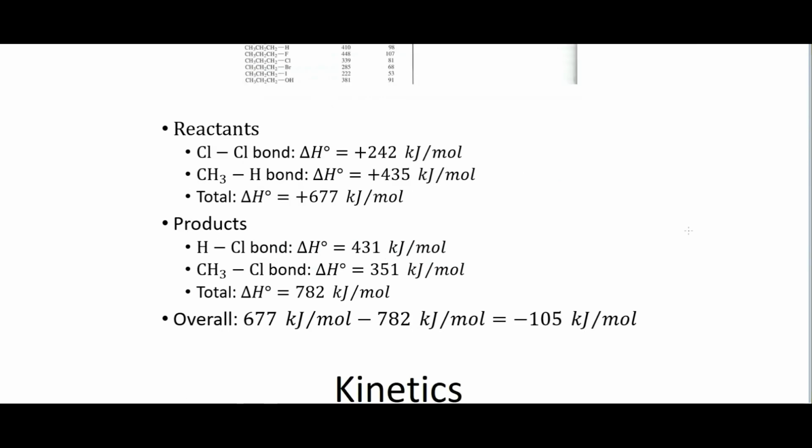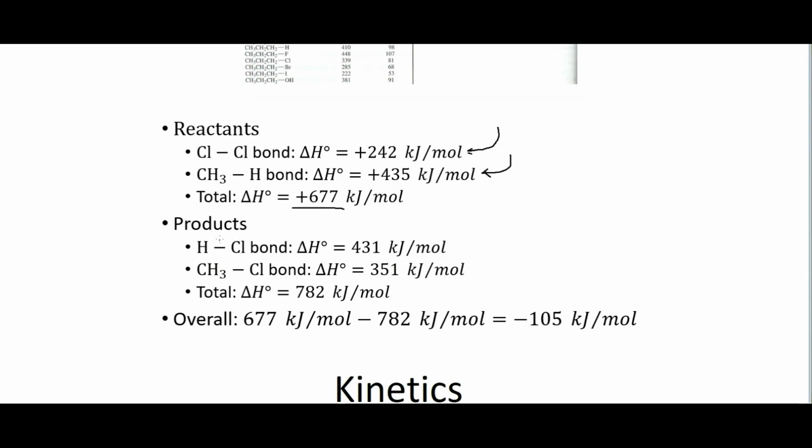All right, so we can look at the reactants. In our chlorination of methane example, the Cl-Cl bond is plus 242 kilojoules per mole, and the carbon to hydrogen bond is plus 434 kilojoules per mole, for a total of 677 kilojoules per mole.